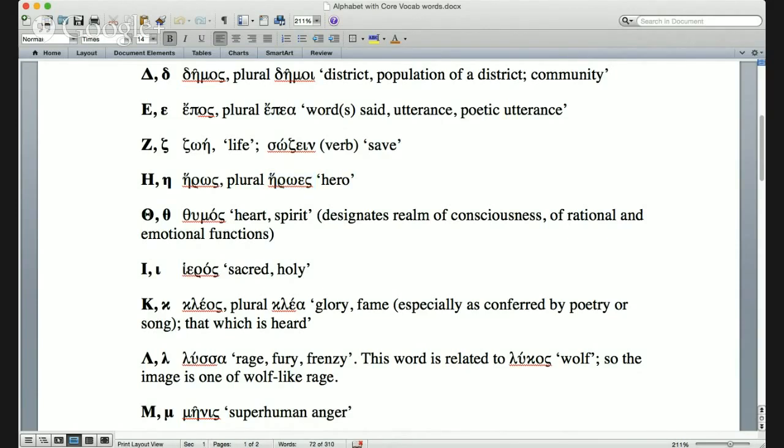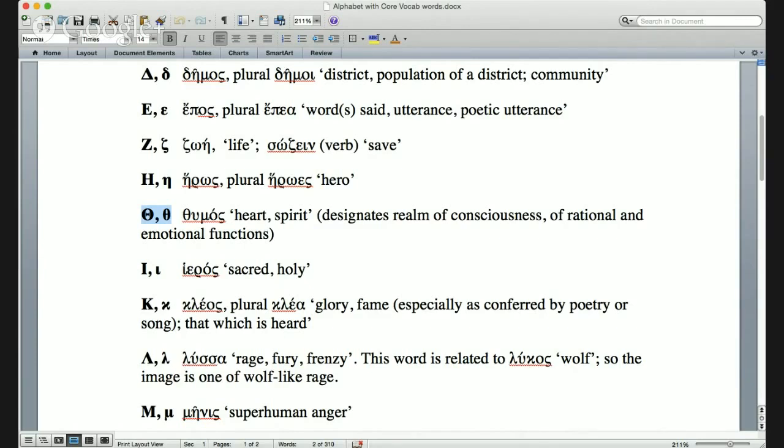Okay, now we get to letter number 8, which is theta. We have a capital theta and a lowercase theta. And we'll pronounce that as a th, as in think. Technically, that's called a fricative. It's a sound that has friction as you say it. If you go way back into early Homeric times, it might have been pronounced as a T plus an H. But we'll do it as a theta.